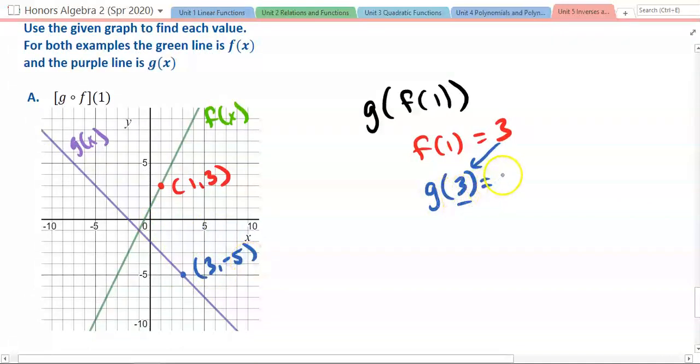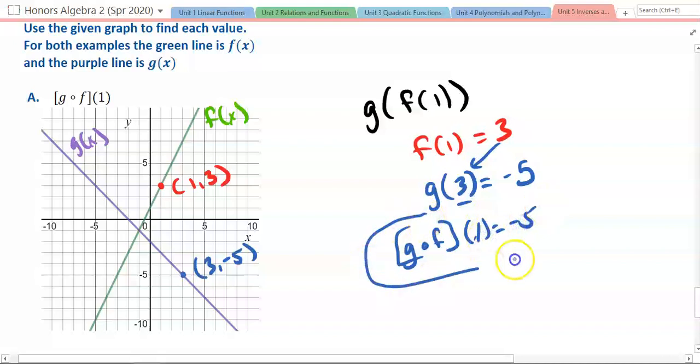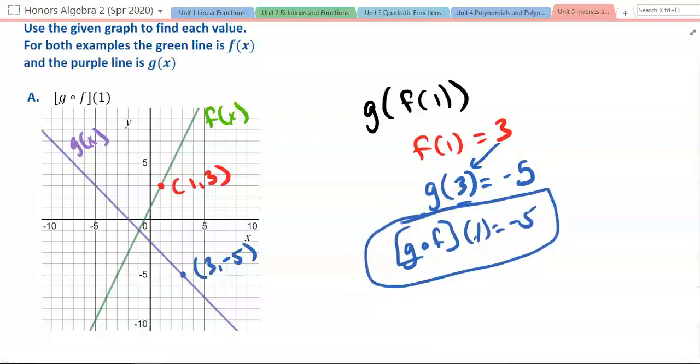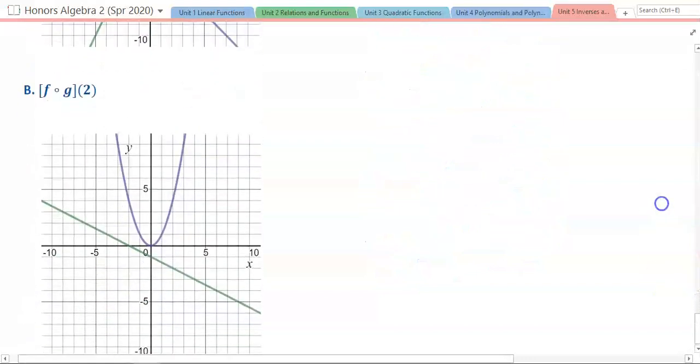So g of 3 is equal to -5, meaning that g of f of 1 is equal to -5. Again, just like the tables, we have to understand the order in which these go. But once you understand that, these are so easy, y'all. Okay? All right, last problem.